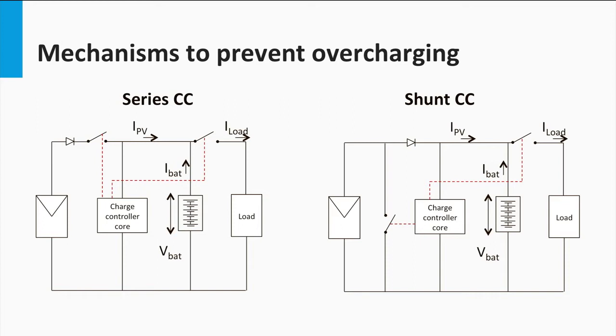On the other hand, in a parallel or shunt controller, the overcharging is prevented by shorting the PV array. This means that the PV modules work in short circuit mode and that no current flows into the battery. These topologies also ensure over-discharge protection using power switches for the load connection appropriately controlled by the charge controller's algorithm.